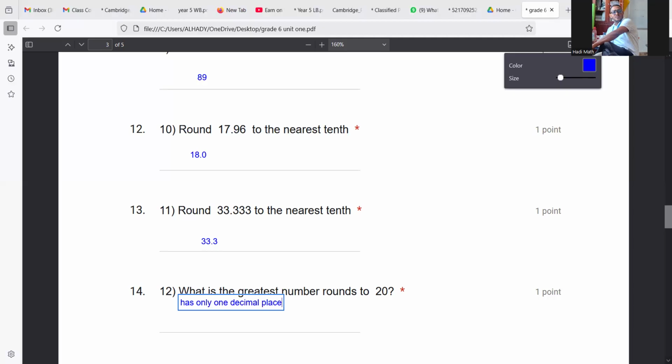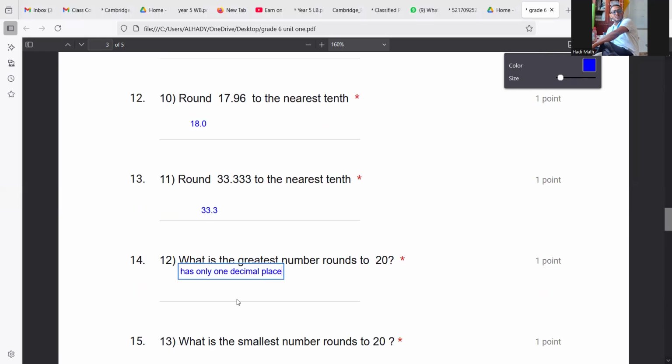If we need the greatest number that rounds to 20 with one decimal place, this will be 20.4. But if we talk generally, like rounds to 20 as a whole number, it can be 24. But here it should be 20.4.